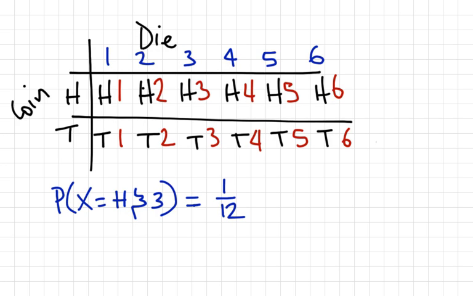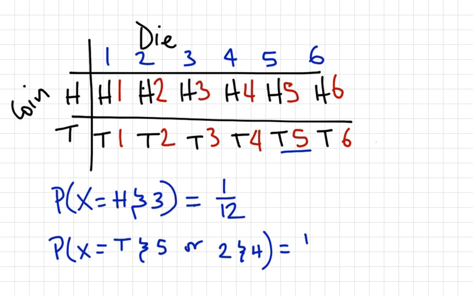Okay, let's turn it on its head a little bit. No pun intended there. Let's say that the probability I'm looking for is to get a tail and a 5, or a 2 and a head, say. Well, a tail and a 5, there it is.